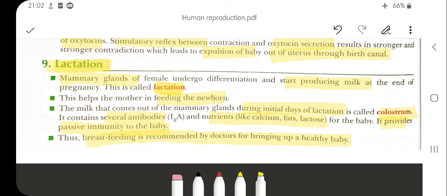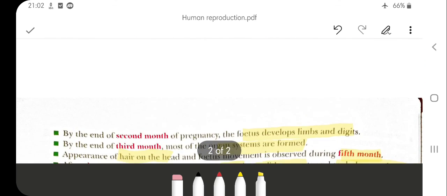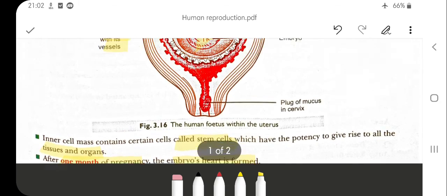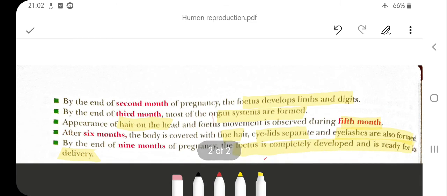So in pregnancy and the embryonic development, we have the formation of the placenta. After the formation of the placenta, we have gastrulation, that is the endoderm, ectoderm and mesoderm, which have stem cells. The potency of the stem cells allows them to form various tissues and organs, and from the first month to the 9th month, the various organs develop, from the fetal heart to the complete development of the baby.